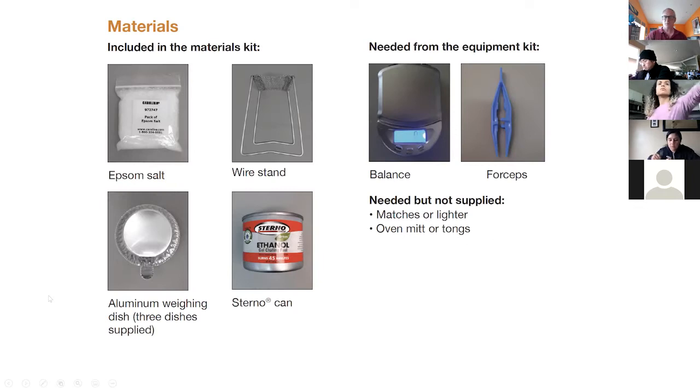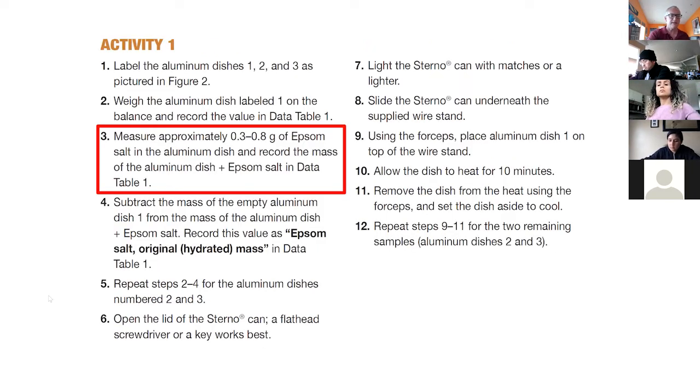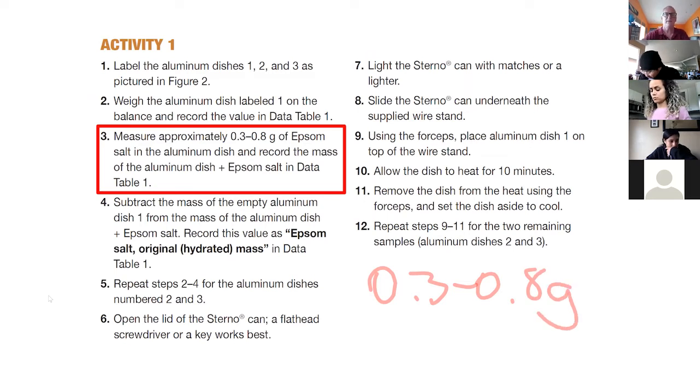So, a pretty straightforward experiment. We want to label each of our dishes 1, 2, and 3. We'll take the mass of each one without anything in it. Then we're going to add between 0.3 and 0.8 grams. You don't have to have exactly 0.3 or 0.8, but somewhere in between, and you will want an accurate mass.